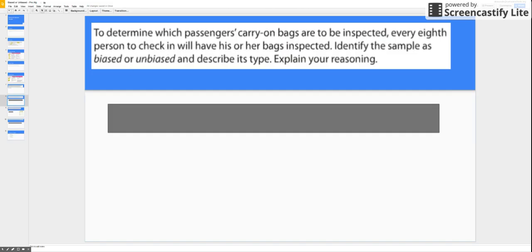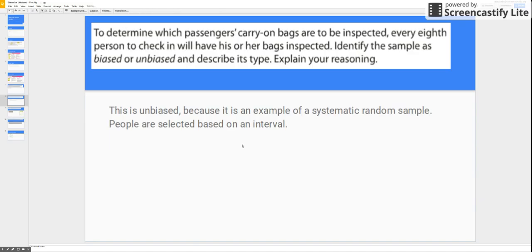This would be unbiased, because it is technically random. Every eighth person, but you can't determine who that eighth person is going to be. So this is technically still unbiased, and it is an example of a systematic random sample. People are selected based on an interval.